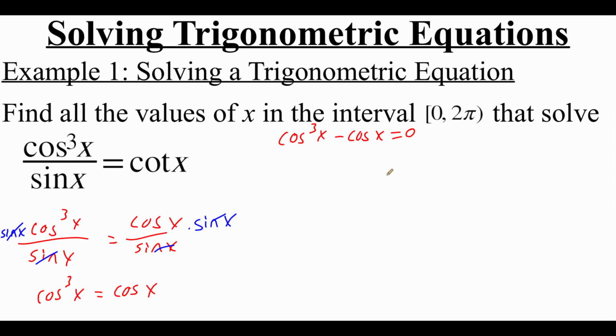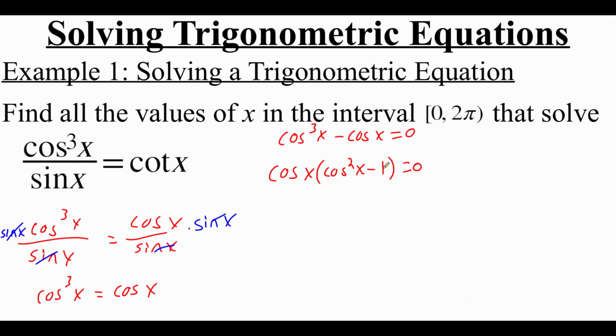But then we're going to be able to take out a GCF because each one of my terms has at least one cosine in it. So I'm going to factor out a cosine of x, and that's going to leave me with cosine squared of x minus 1 equals 0. Now as we look at what's inside of our parentheses, that's really close to one of our Pythagorean identities.